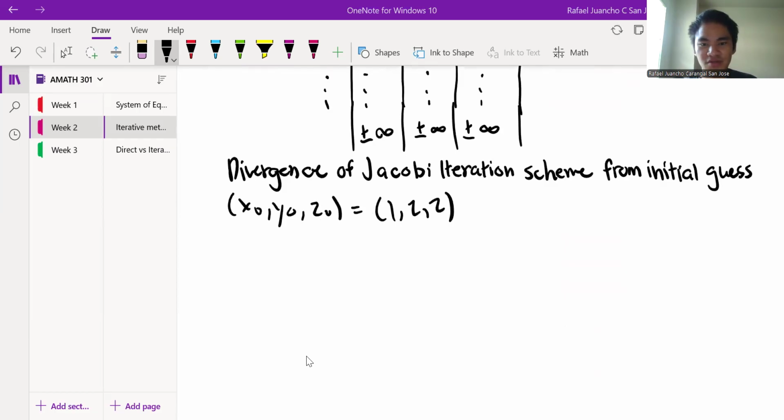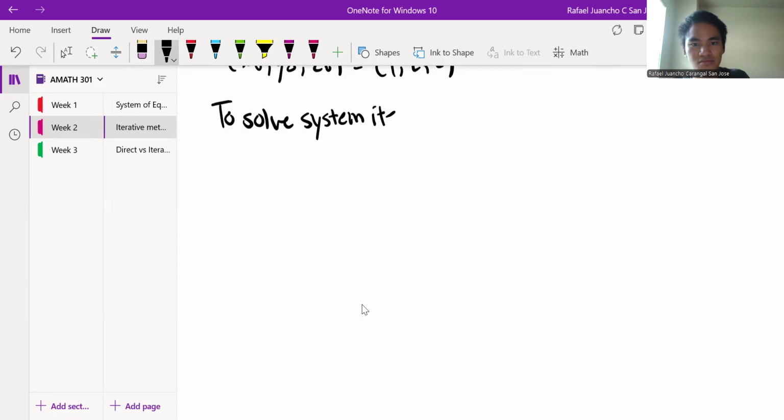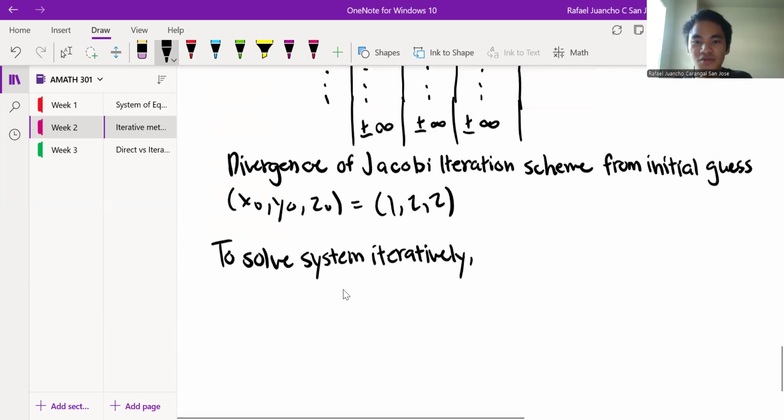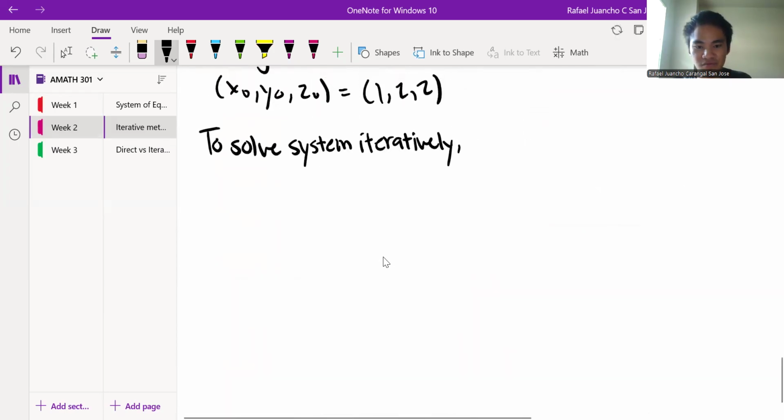So if we were to solve it iteratively, right, we would get a different set of iterations here. So to solve the system iteratively, we're just gonna write it out. We do the same thing, right? Here we isolate x, y, and z. And we start from the top.